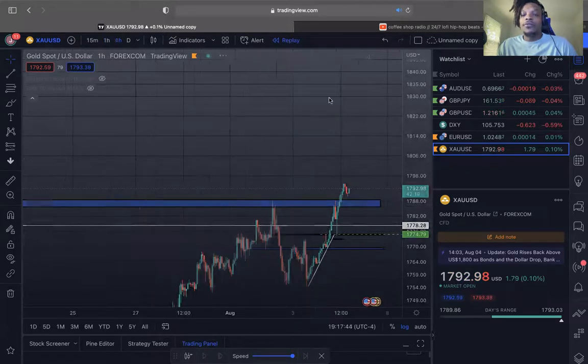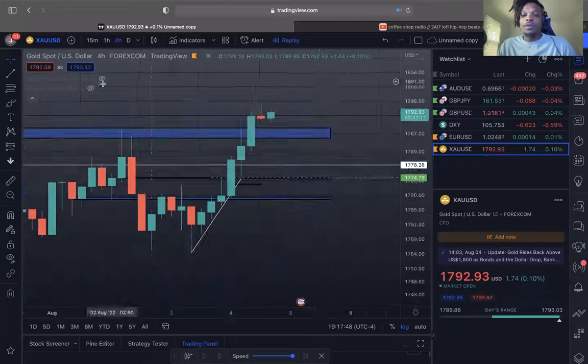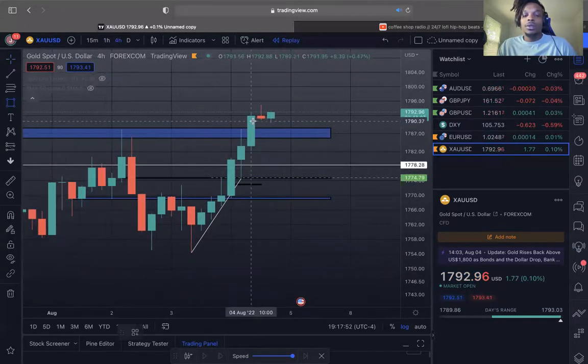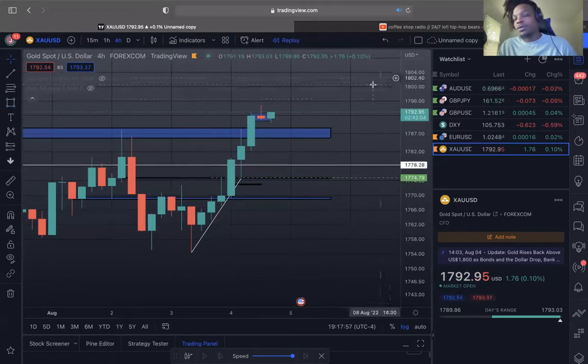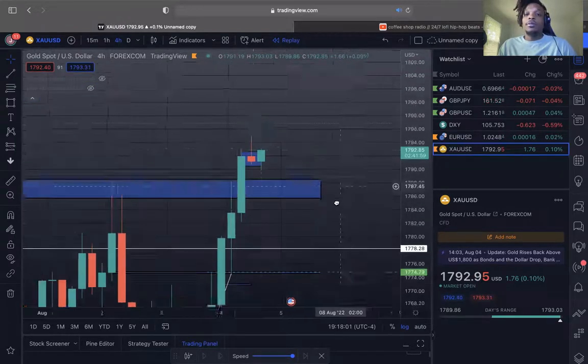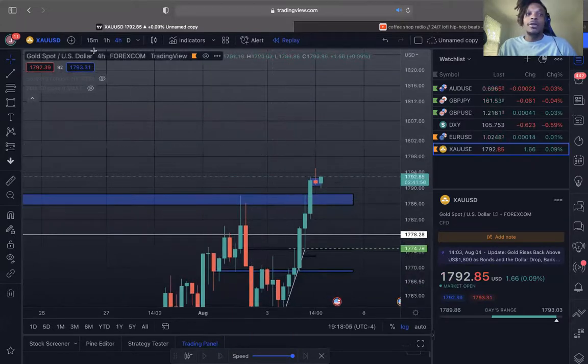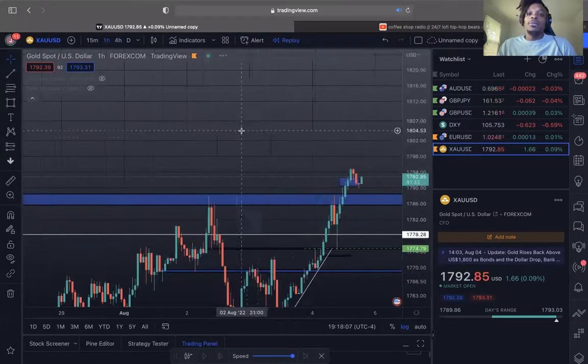Right now on a 4-hour candle, you can see that we have an inverted hammer, or you can call it a doji if you want to, whatever you want to think it is. This could be a sign that gold is probably going to come back down somehow, or at least retest some type of area.